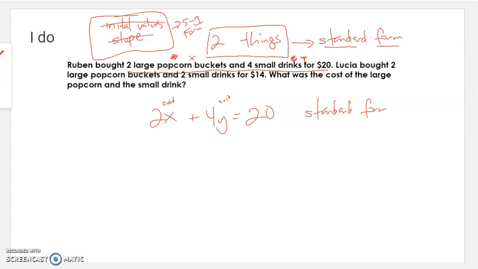Other situation I have, our other person bought 2 popcorn buckets and 2 drinks for $14. So second equation, 2 times however much the popcorn costs plus 2 times however much the drink costs. When I add those two costs up, I'll get $14, and voila, we have a system of equations.